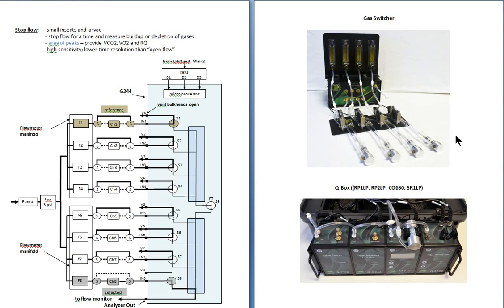This is a photo of a Q box. The Q box consists of various modules such as pumps, flow monitors, gas analyzers, CO2 and O2, and these modules are standardized in size so that they can be interchanged, and you can easily change one Q box into another by simply rearranging the modules. So in other words, one type of experiment can be easily changed to another. This is quite useful for teaching labs.